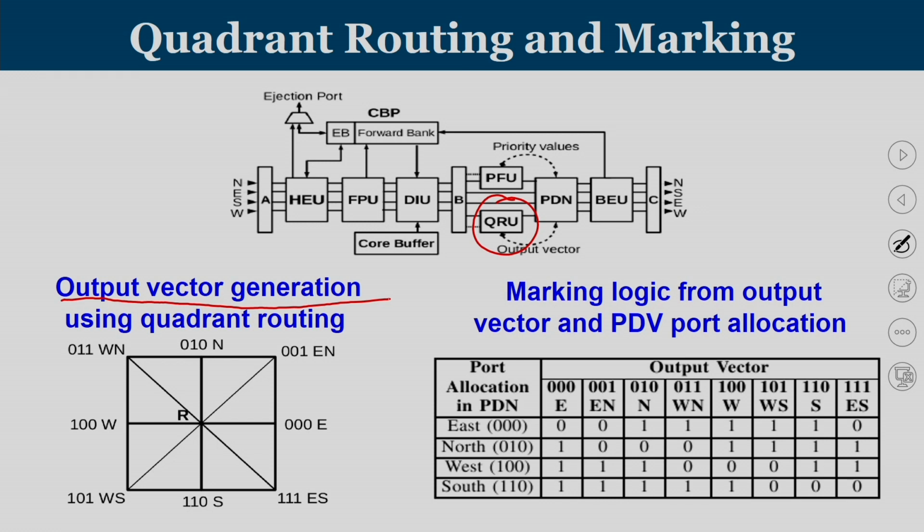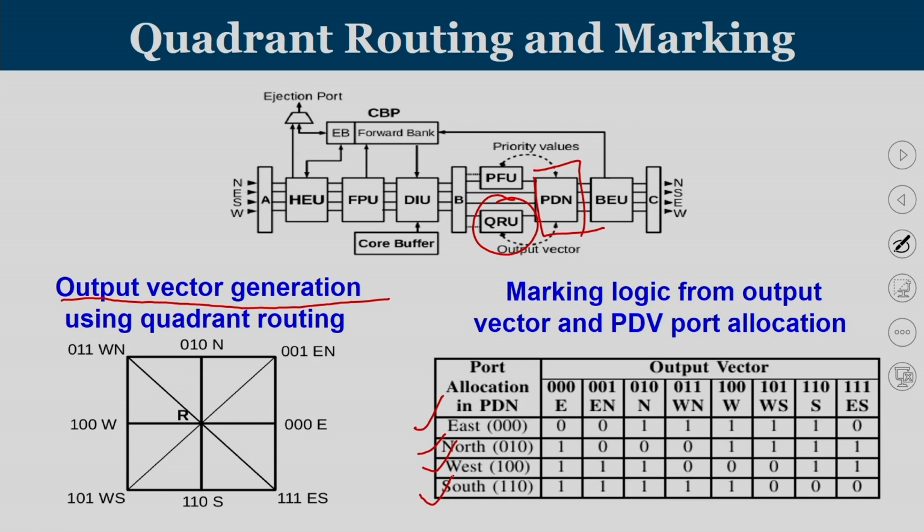Now there is a marking logic. This output vector is given to the permutation deflection network, the PDN, which has a table structure inside, and a lookup is made from the table. The PDN can assign one of the 4 ports: east, north, west and south. These are the 4 possible ports that a flit can get by passing through the permutation deflection network.